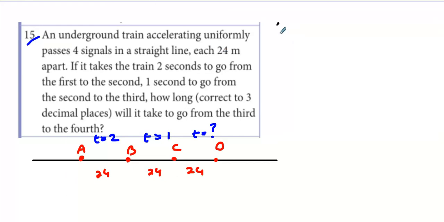So we have AB, we have AC, and we have A to D. Once again, we're always starting at the start, going to the end. Okay.